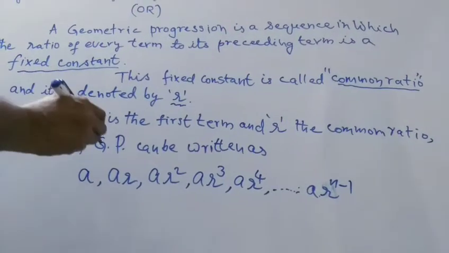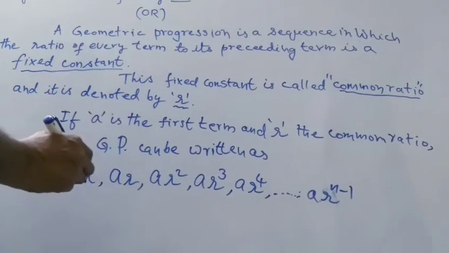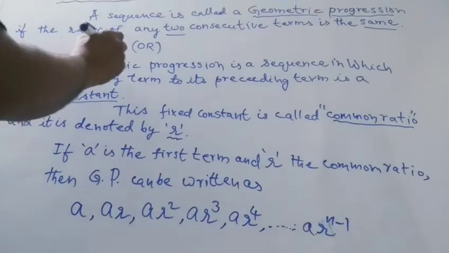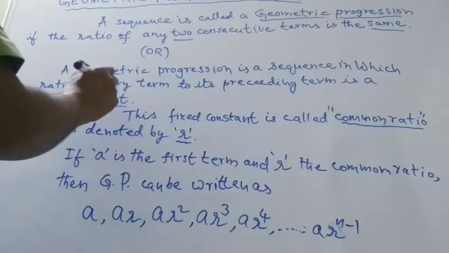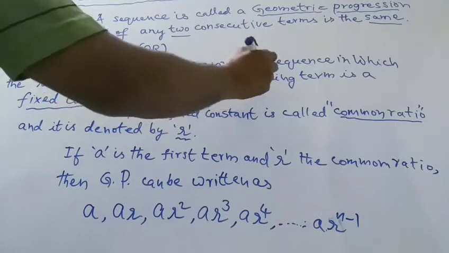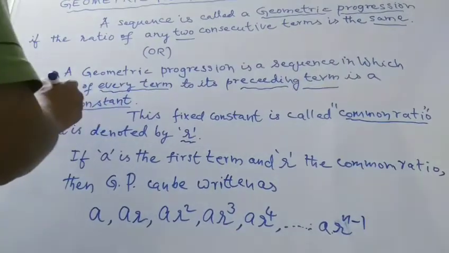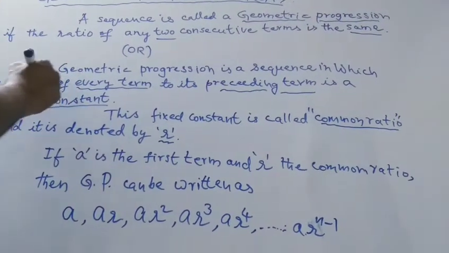So this is the definition of the geometric progression. A geometric progression is a sequence in which the ratio of every term to its preceding term is a fixed constant.